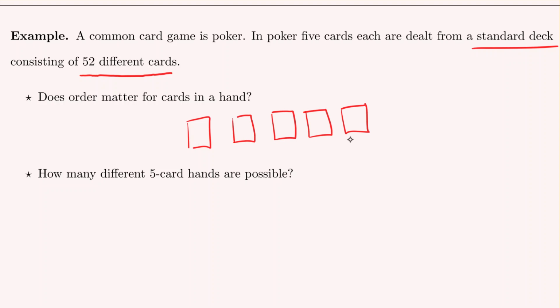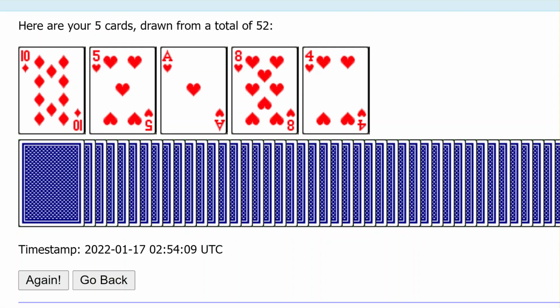So imagine you already have these 5 cards in your hand. Would it matter if you as an individual, if they're already in your hand, move this last card and switch places with the first card? It wouldn't matter. You would have the same 5 cards in your hand, just in a different arranged order. So to visualize this, imagine this was one of the hands that I got dealt: a 10 of diamonds, 5 of hearts, ace of hearts, 8 of hearts, 4 of hearts.